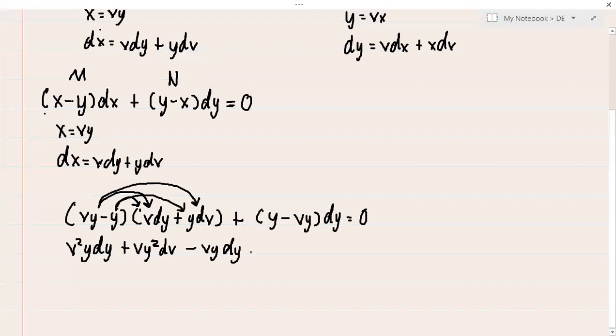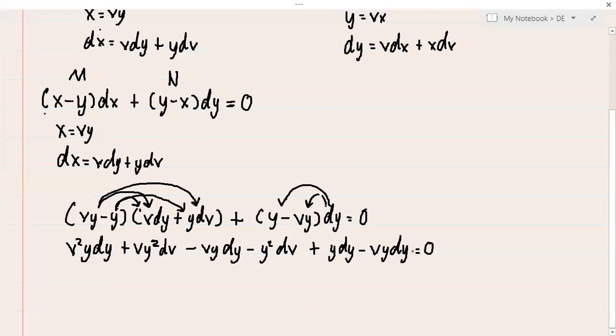Negative y times y dv magiging negative y squared times dv. Ayan. Now, dito naman sa right side na may dy, we will just distribute dy dito sa parenthesis. So magiging plus y dy minus vy dy is equal to 0.